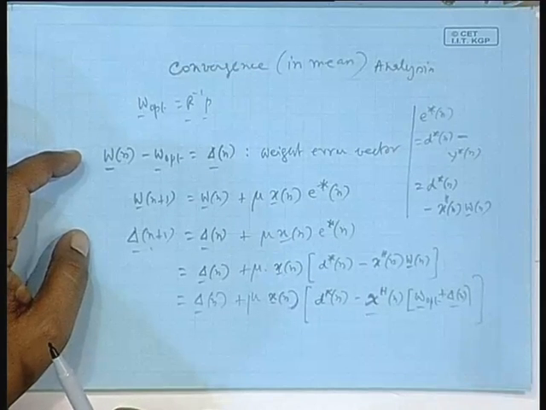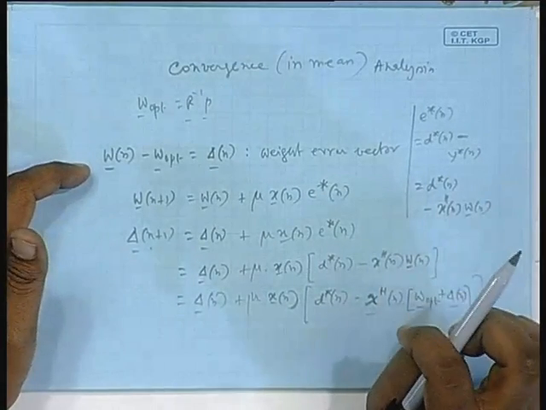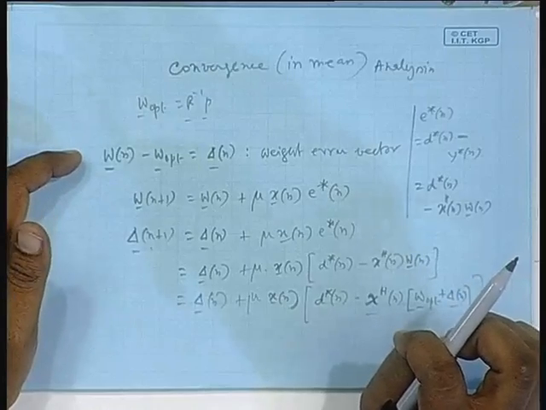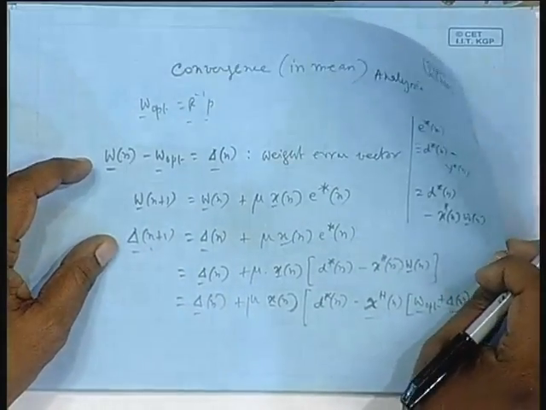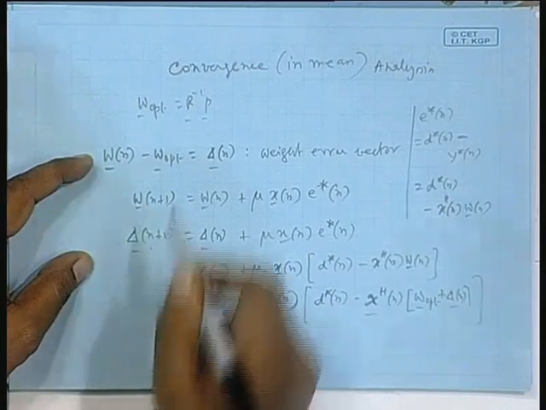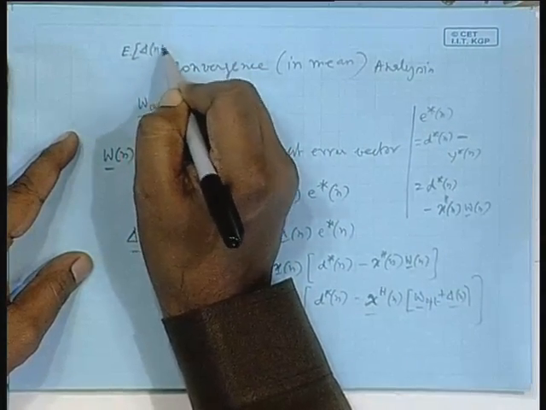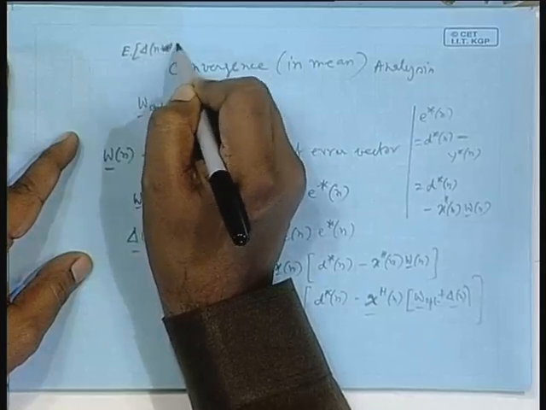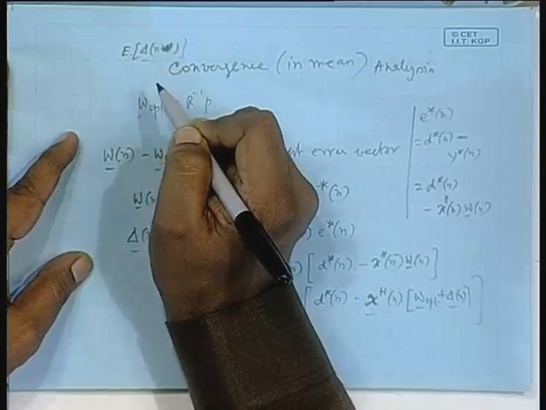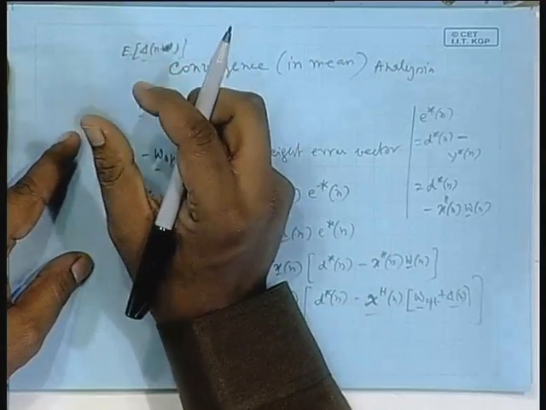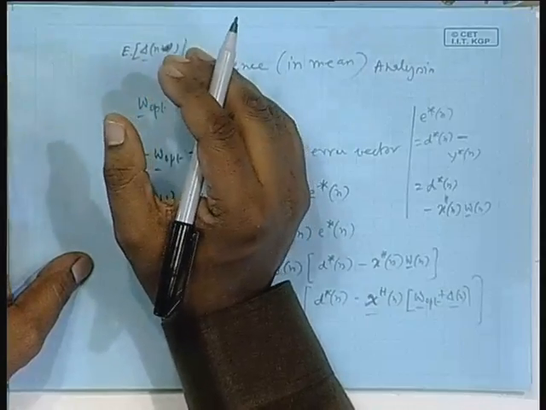Now, I apply the expectation operator on both sides. I define E of delta n, the expected value of that. The deviation is not 0, it has some expected value.